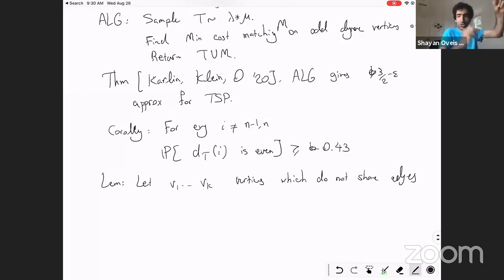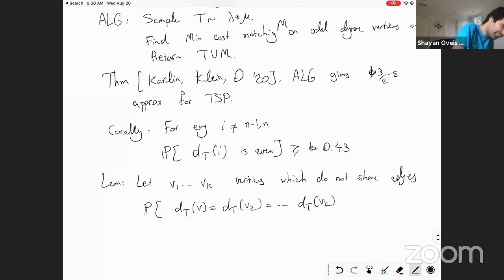So you have disjoint vertices in the graph. Now the probability that d_T of V1 equals d_T of V2 equals ... equals d_T of Vk equals 2 is at least e to the minus k.